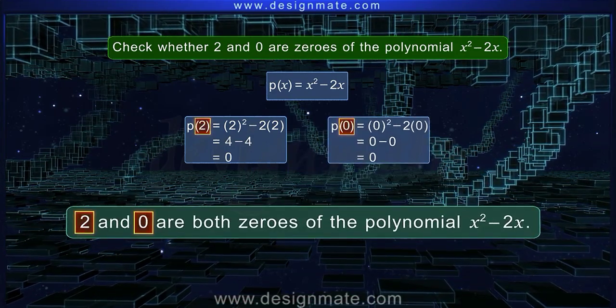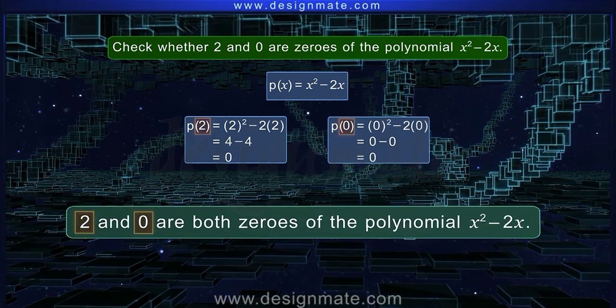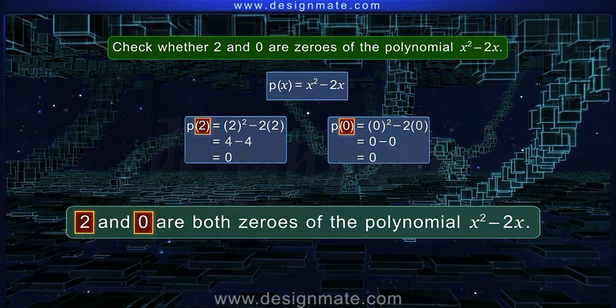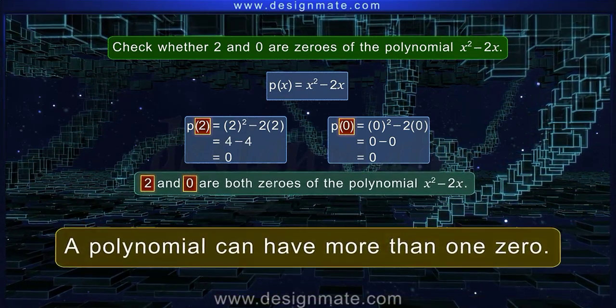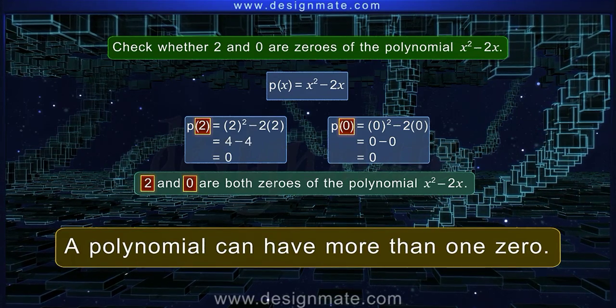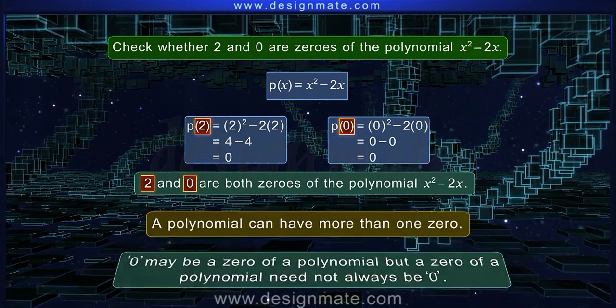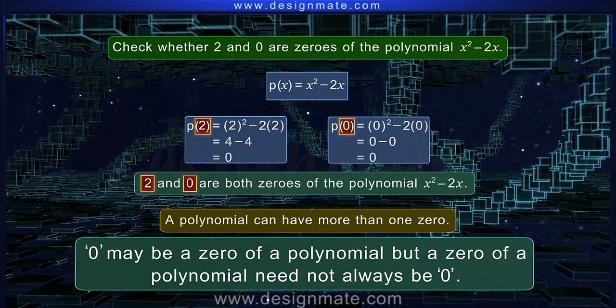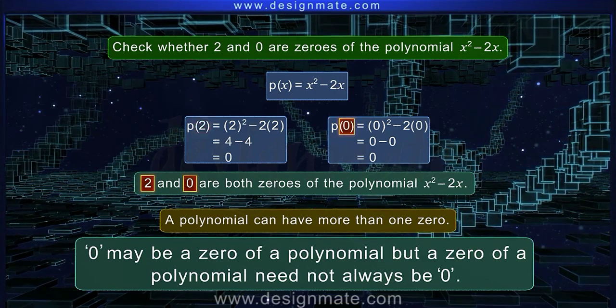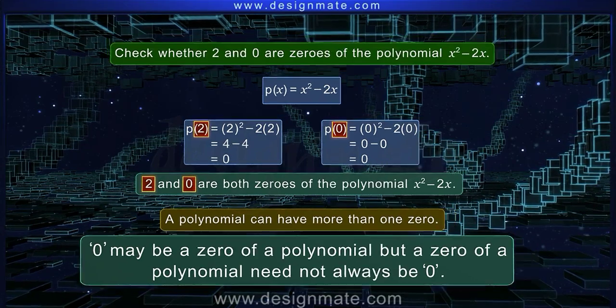Hence, 2 and 0 are both zeros of the polynomial x² - 2x. From this example, we understand that a polynomial can have more than one zero. Also, 0 may be a zero of a polynomial, but a zero of a polynomial need not always be 0.